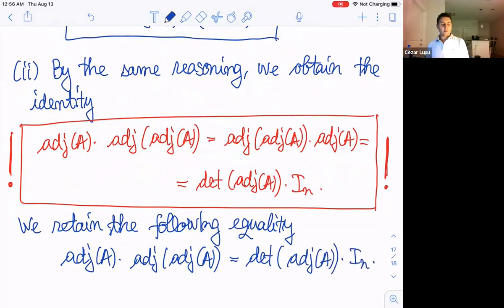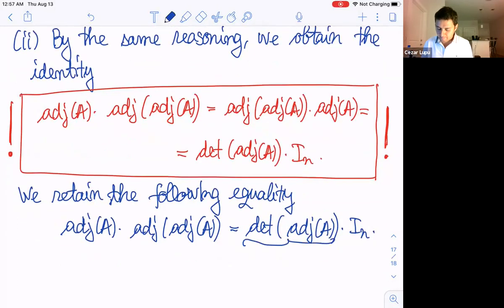But if I look at the first part, we have proven that this is the determinant of A to the power n minus 1.